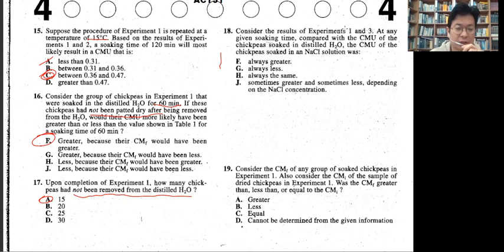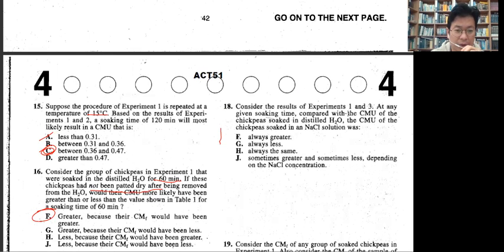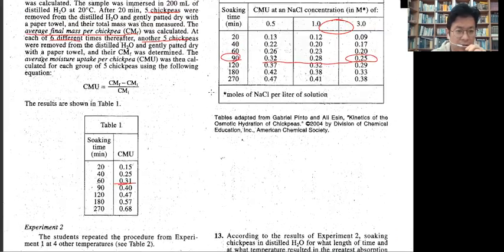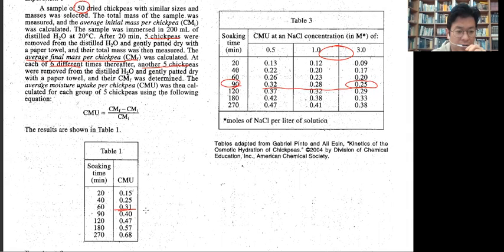18. Consider results of experiment 1 and 3 at any given soaking time to compare the CMU of chickpeas soaked in distilled water and the CMU of chickpeas soaked in NaCl solution. CMU. The water is always less.